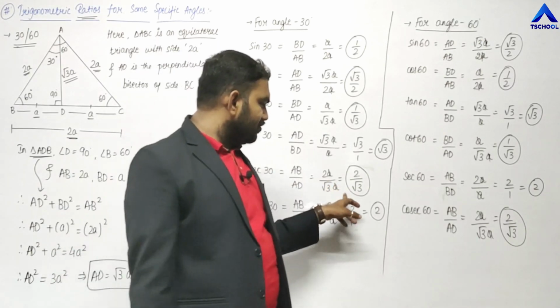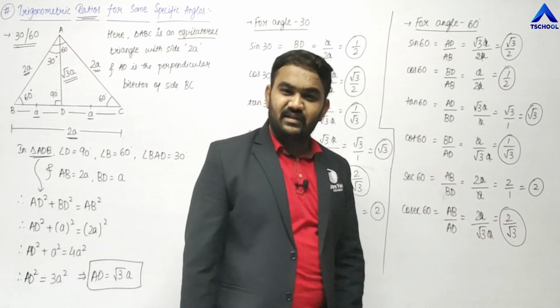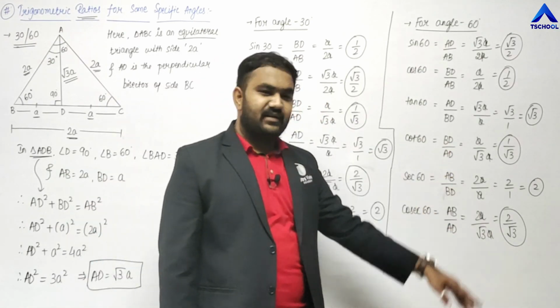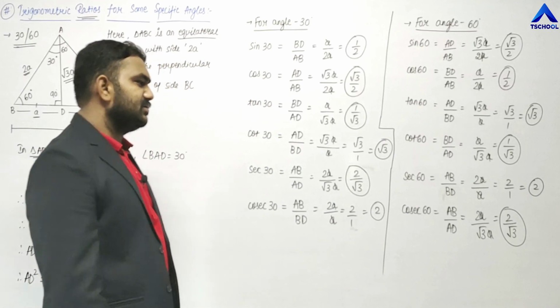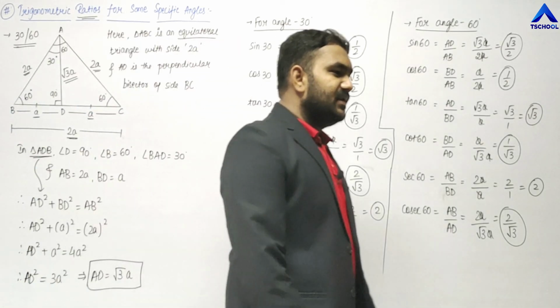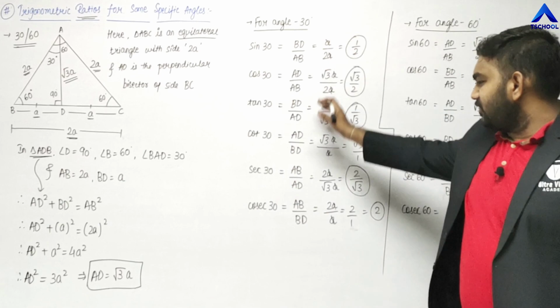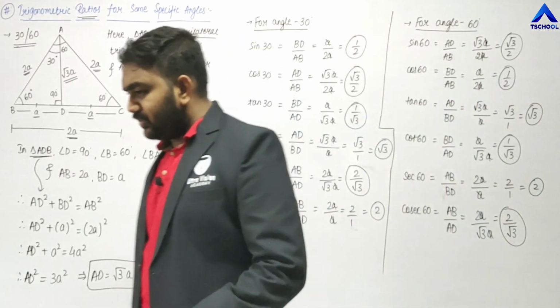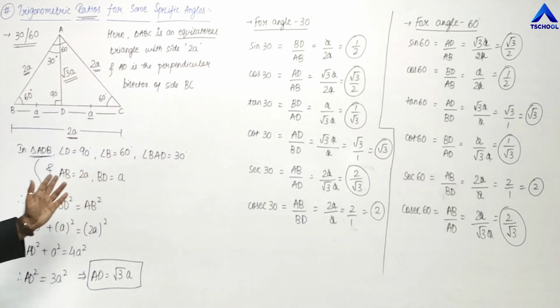Sec 30 equals 2 by root 3, cosec 60 equals 2 by root 3. And cosec 30 equals 2, sec 60 equals 2. So we got 12 different ratios here for angle 30 and angle 60. That is 6 for 30, 6 for 60, and the 6 more that we derived previously for angle 45.